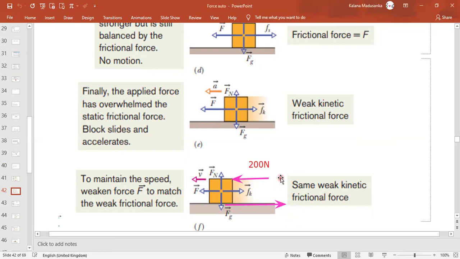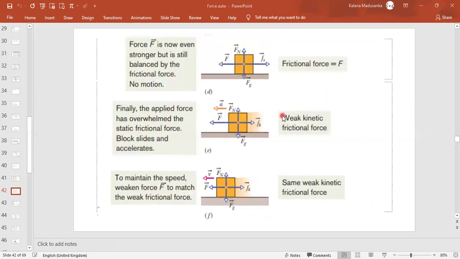So after the maximum static friction force, let's say 50 newtons, it is going to stay constant. Whatever, if it is 2000, 3000, still the static friction is going to be 50 newtons. So it is going to remain constant when it starts to move.